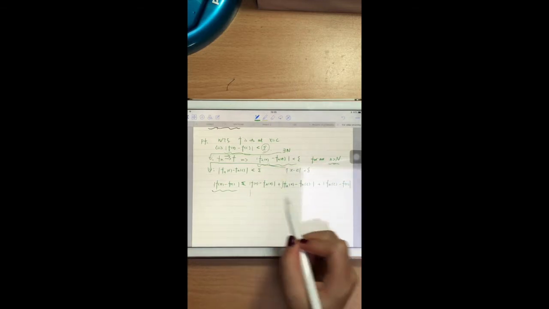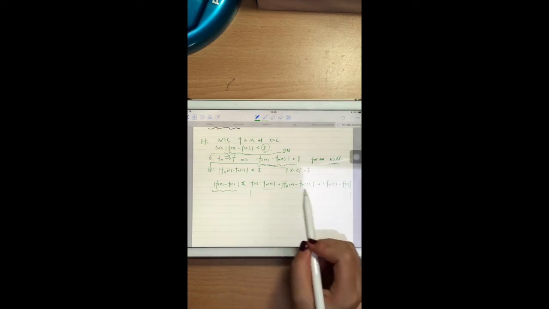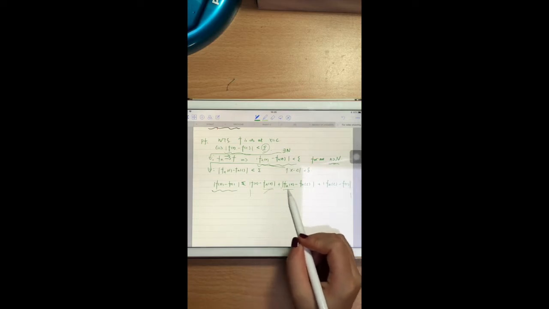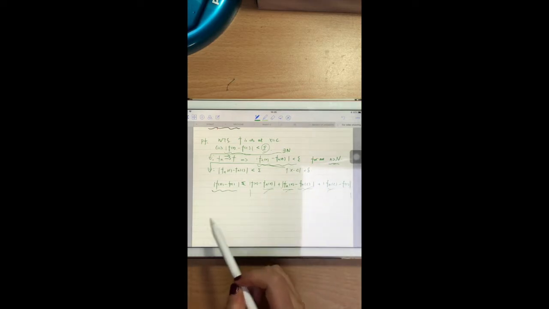If I wrote it into one absolute value, this one cancels and this one cancels, and you get directly to f(x) - f(c), right?